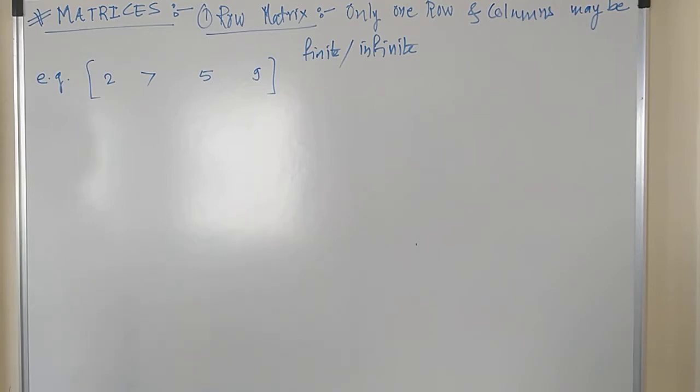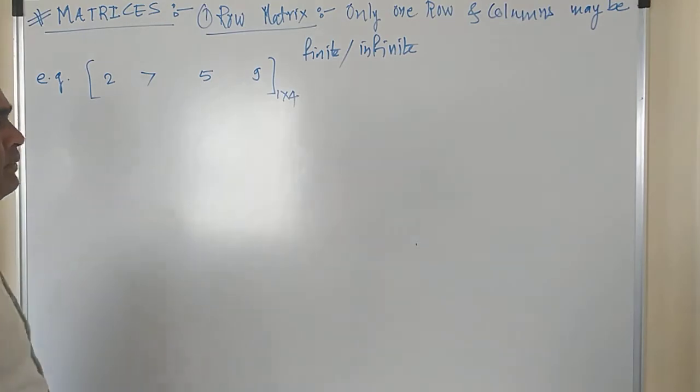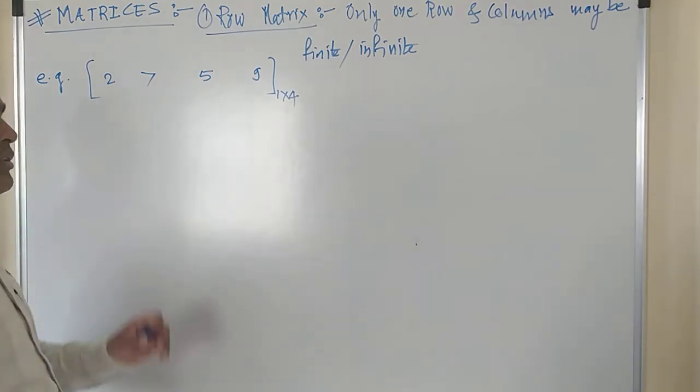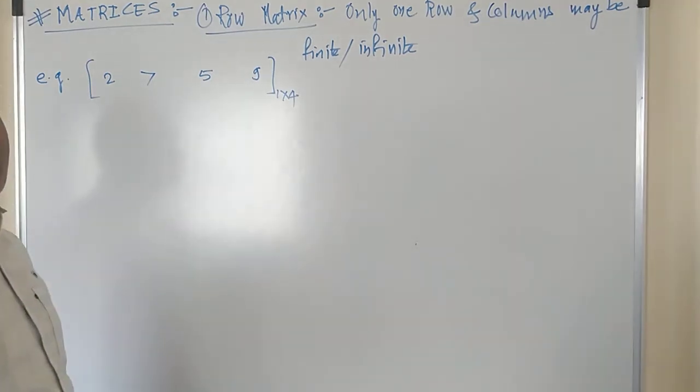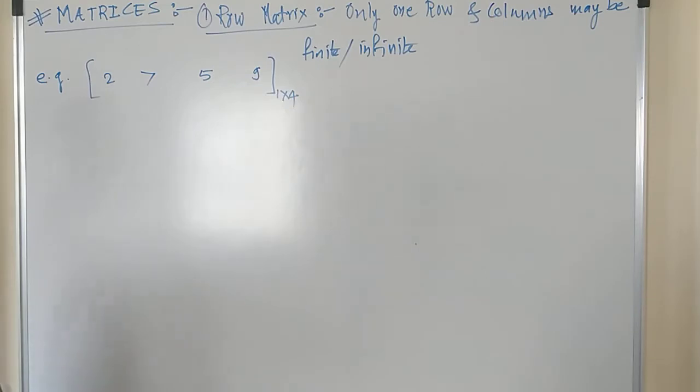So this is a 1 by 4 matrix, right? N rows and n columns is called an n by n matrix. 2 rows, 2 columns is called a 2 by 2 matrix. 2 rows, 3 columns is called a 2 by 3 matrix. It has 1 row and 4 columns, therefore a 1 by 4 matrix.